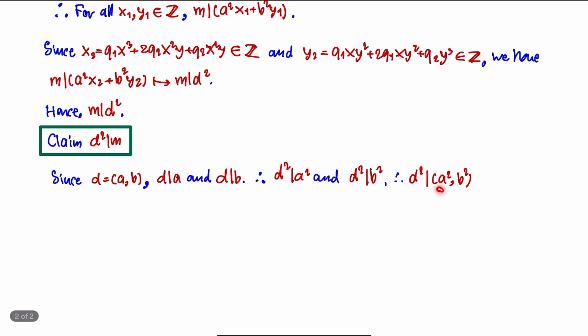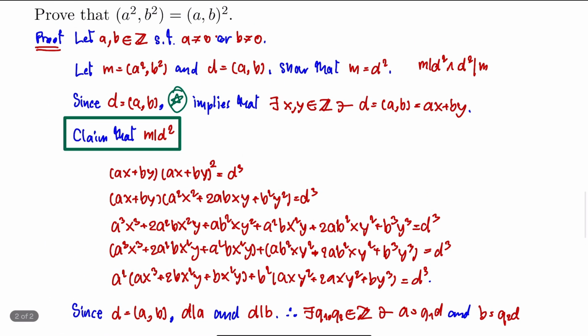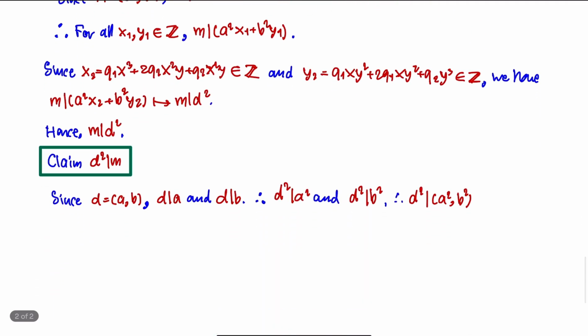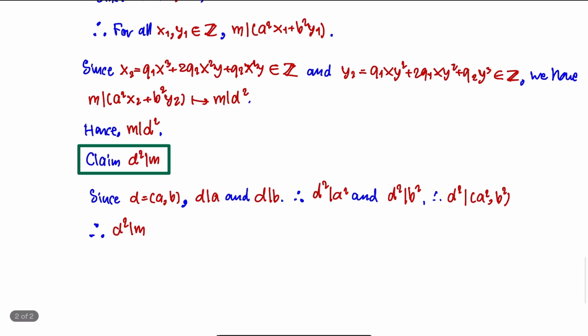Okay, and this one right here is m, right? Okay, so what do we have? We've got d squared divides m. Okay, now we already proved that m divides d squared and d squared divides m.